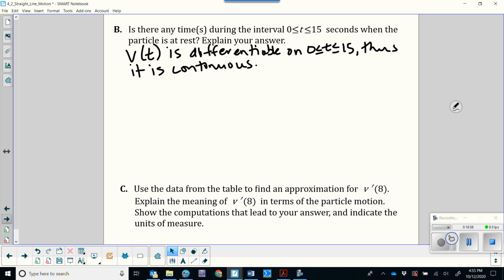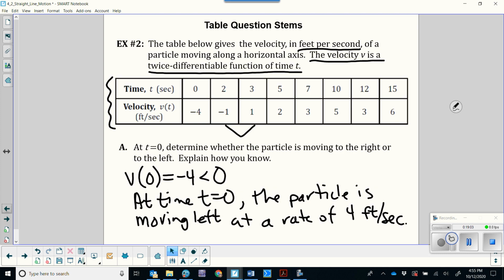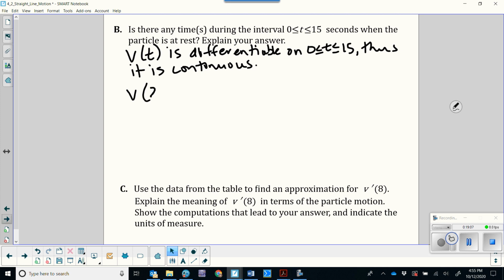And then all I have to do, luckily I have a table, right? We know that v of 2 is -1 and v of 3 is +1. So v of 2 equals -1, which is less than 0, and v of 3 equals +1, which is greater than 0.